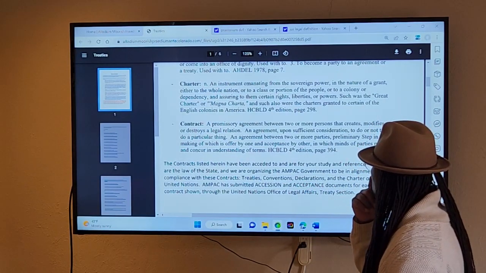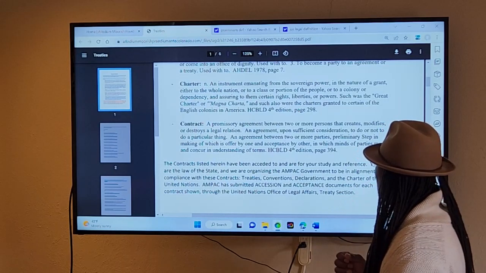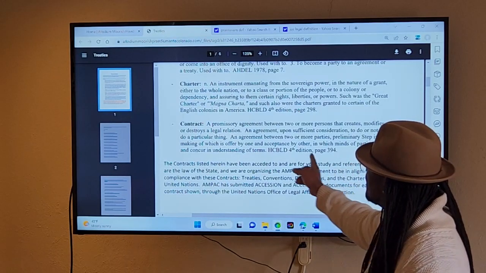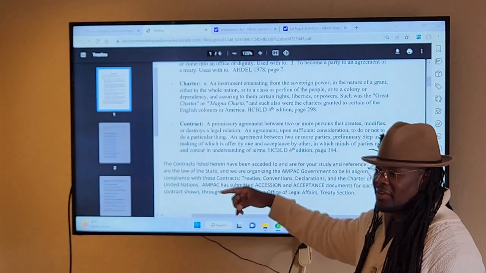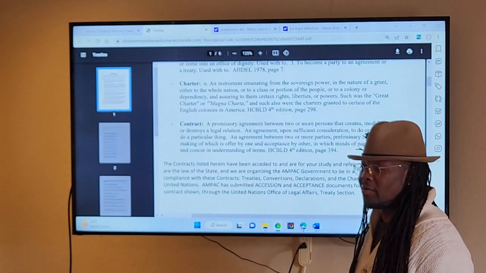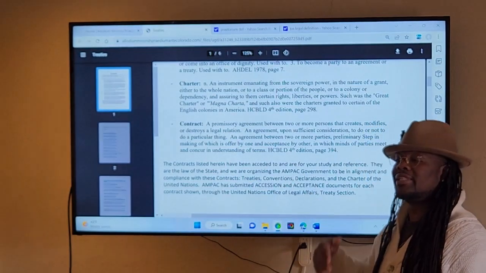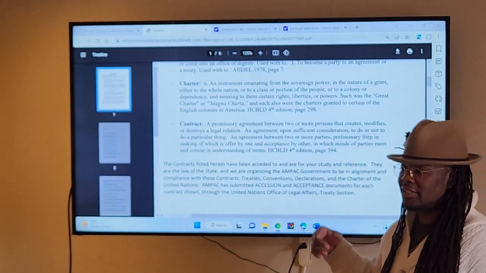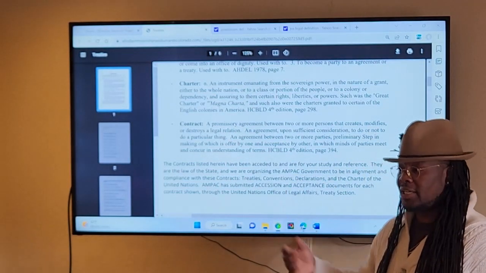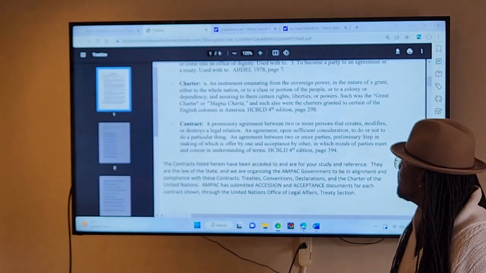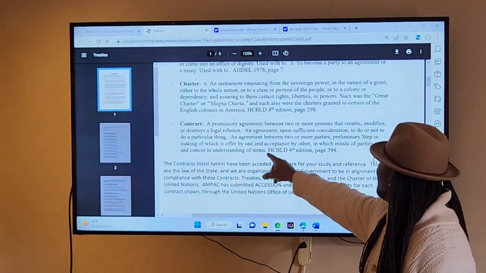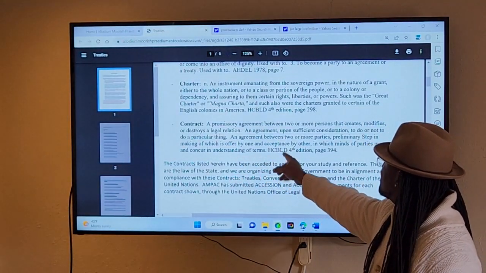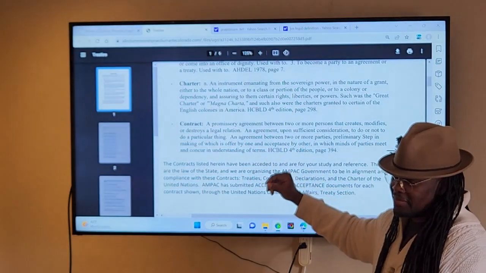So, preliminary step. So as AMPAC, we took the preliminary step of acceding to the treaties, declarations, and conventions that were presented by the United Nations, and we're waiting on them to accept our offer.